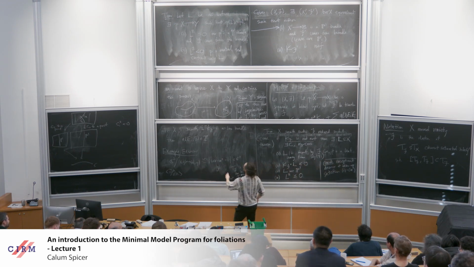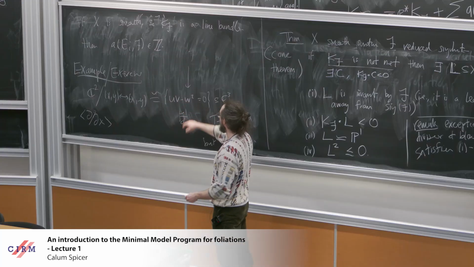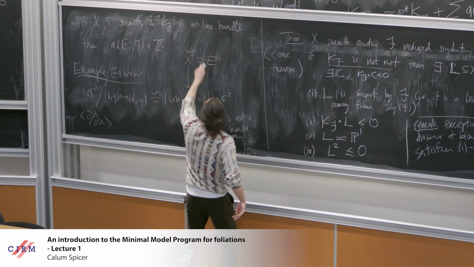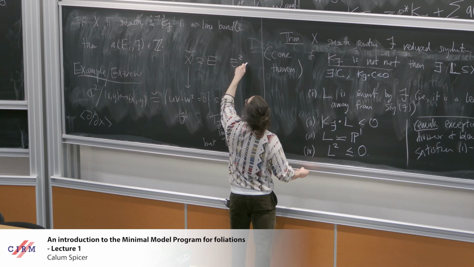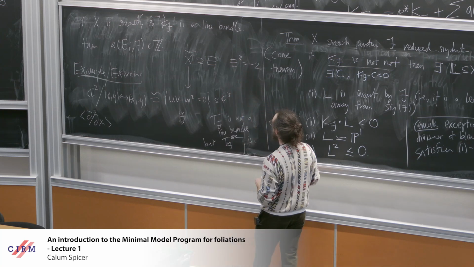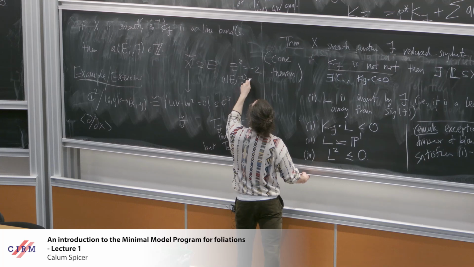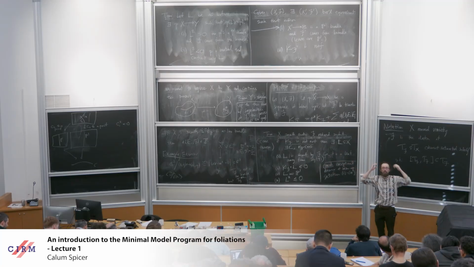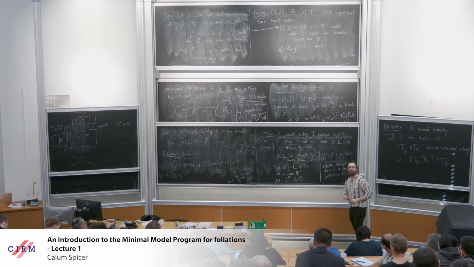So let's continue the exercise. This can be resolved by a single blow up at the singular point. It extracts a rational curve E, such that E squared is minus 2, and the discrepancy of this blow up with respect to F is exactly 1/2. So this is a very nice exercise to try to work this all out.